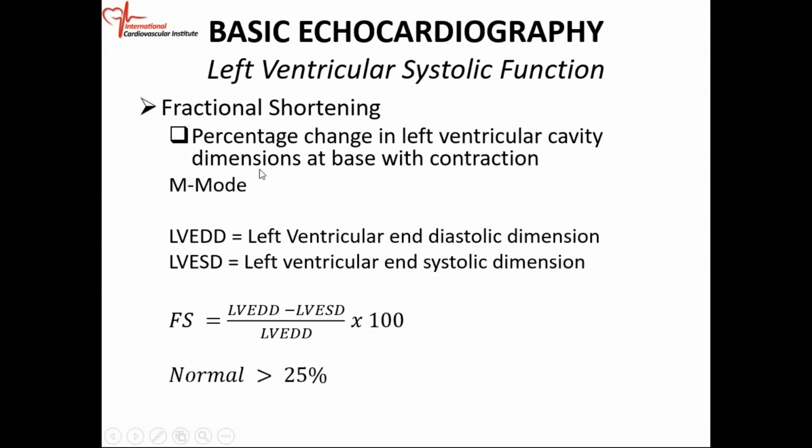When we use M mode to do this, the normal value is more than 25%. So if it's below 25%, it's abnormal, and it suggests reduced systolic function. So with M mode, it's supposed to be more than 25%.